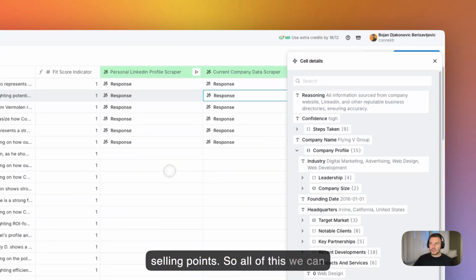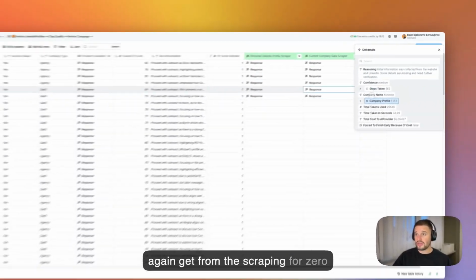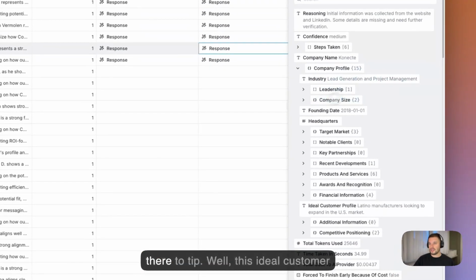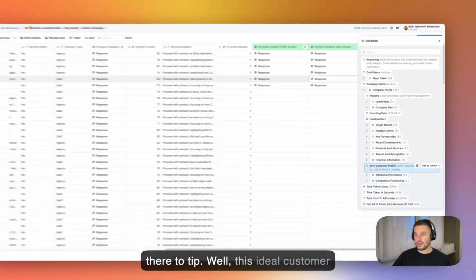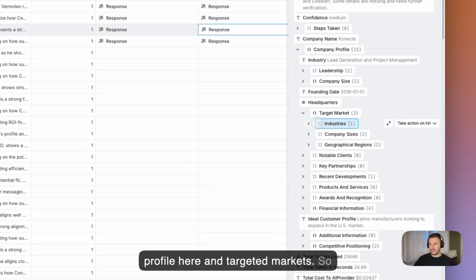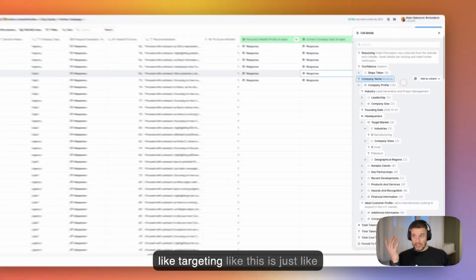So all of this we can get from the scraping for 0.004 cents. It's dirt cheap. We can build this ideal customer profile here: targeted markets, so industries and company sizes that they're targeting.